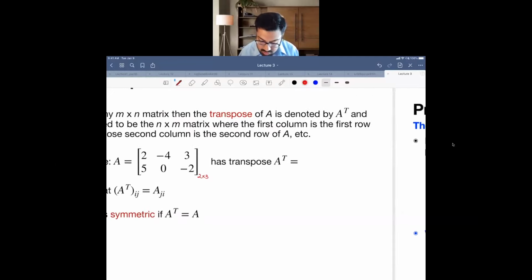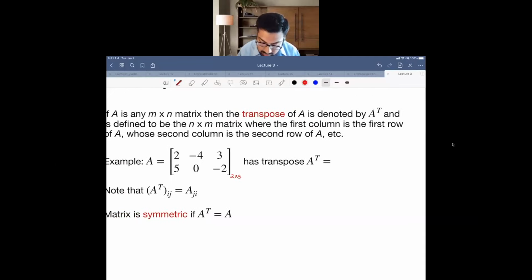The first row is 2, negative 4, 3, so that becomes my first column: 2, negative 4, and 3. The second column is 5, 0, and negative 2. And the size of this is going to be 3 by 2.